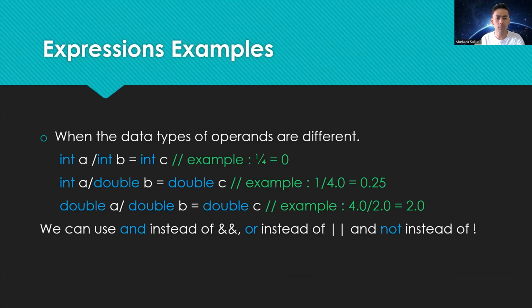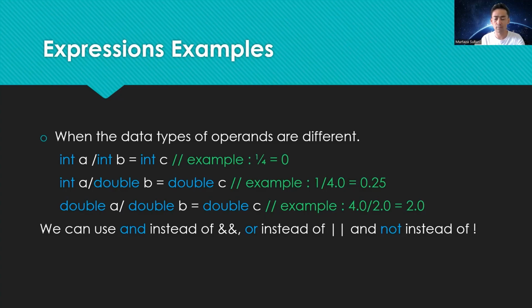Okay, let's go to examples. In expressions, we may also have different data types. For example, if we have integer divided by integer, the result will be integer.